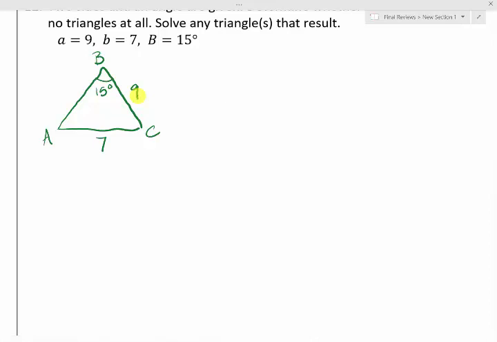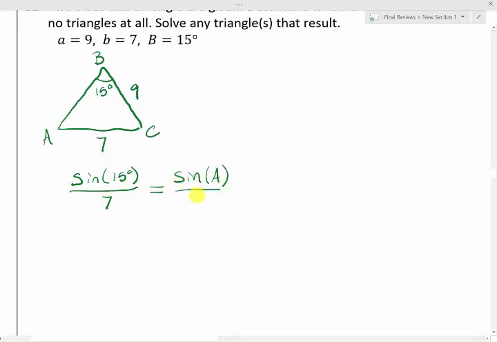So what I can do is use my law of sines to solve for angle A, which will be really nice. Because the sine of angle B, which is 15 degrees, divided by side B, 7, should be equal to the sine of angle A divided by side A.